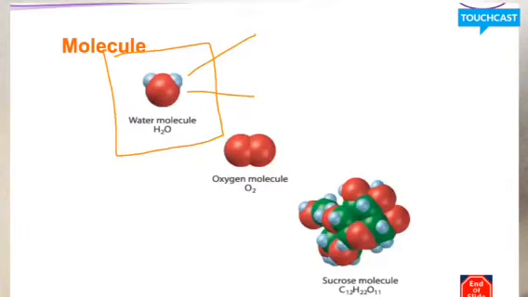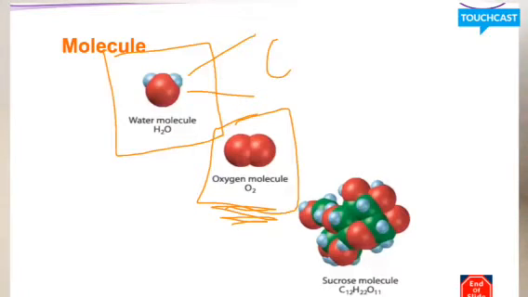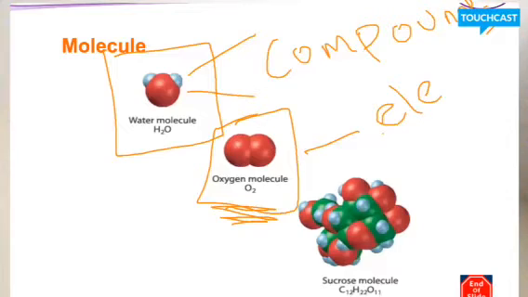However, molecules can also be found in elements, for example non-metal atoms which form diatomic molecules, such as oxygen, nitrogen, hydrogen, chlorine, fluorine, etc. Notice that molecules can be found in compounds and elements, but they need to be non-metals.